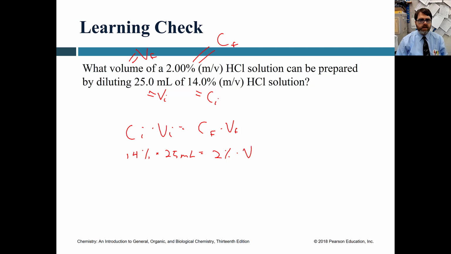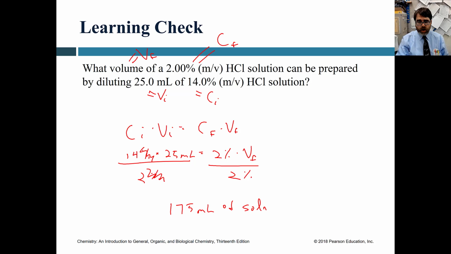And we're just going to leave that as a variable. And so then to get the volume final alone, we divide both sides by 2%. The percent is technically not a unit, but it takes the place of a unit here. And then we end up with 14 times 25 divided by 2, which results in 175 milliliters of solution.